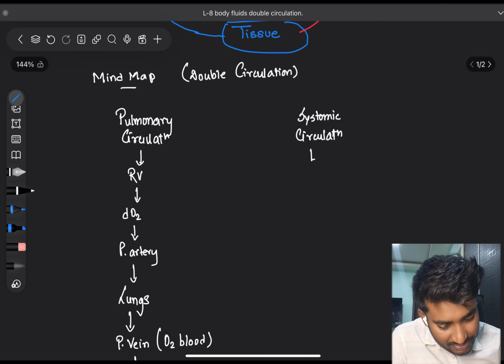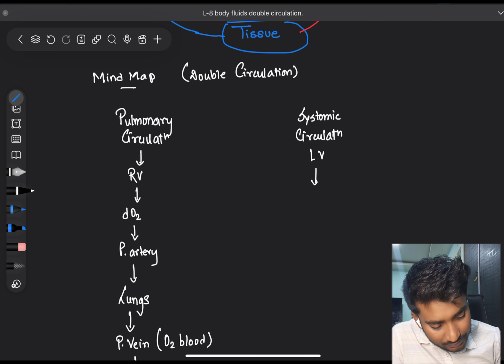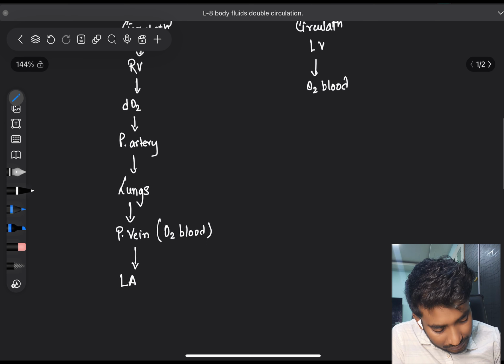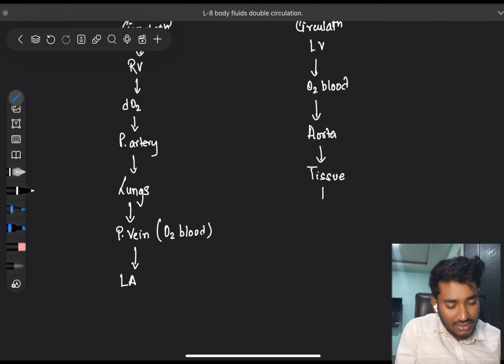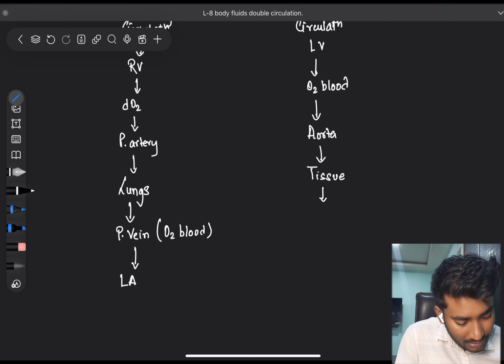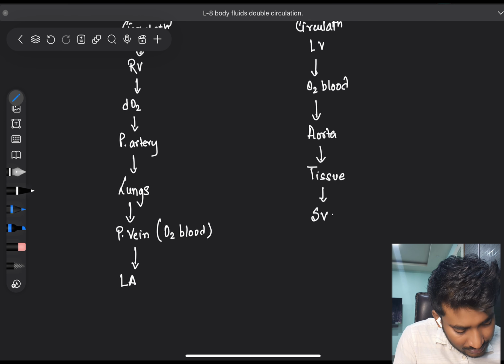Now in the systemic circulation, the left ventricle comes first. Oxygenated blood is transferred by the aorta to the tissues. Tissues are bathed with the oxygenated blood. After the tissues, the blood comes through the superior vena cava or inferior vena cava.